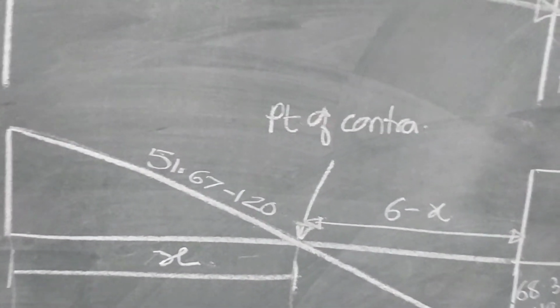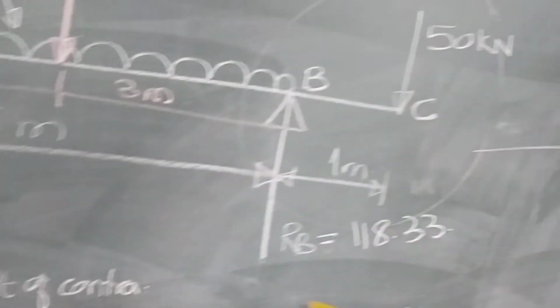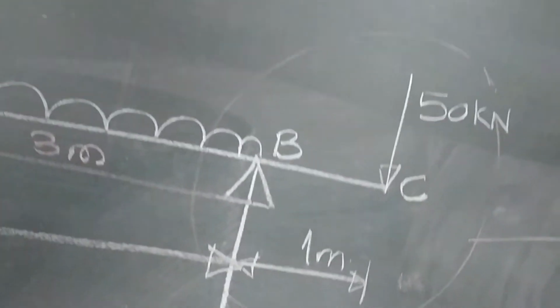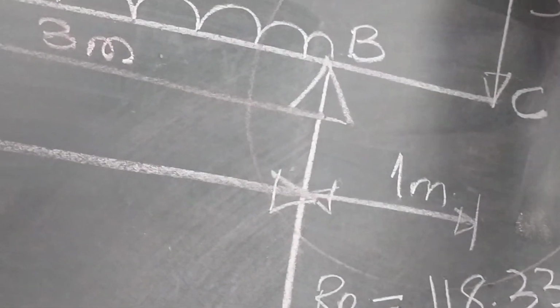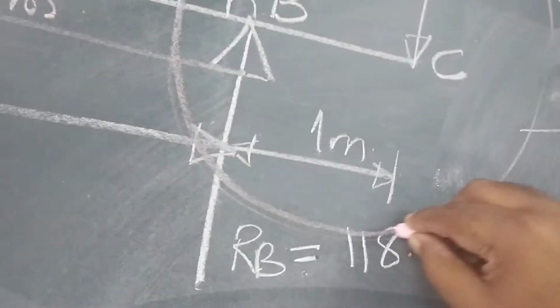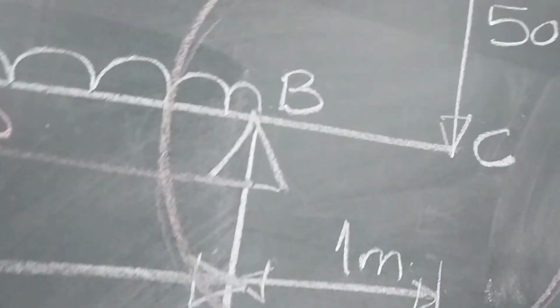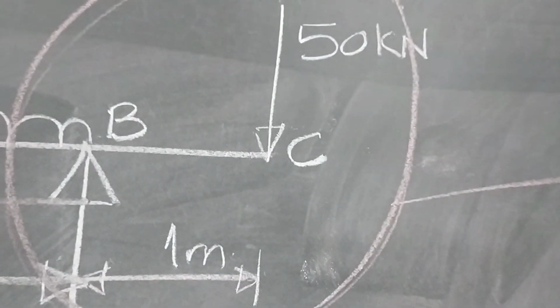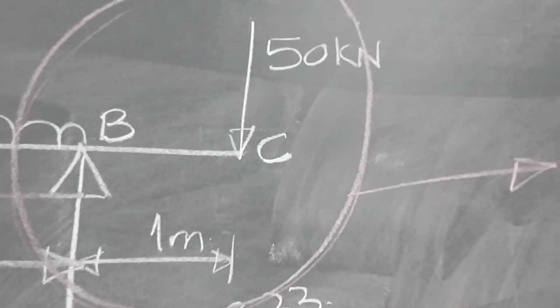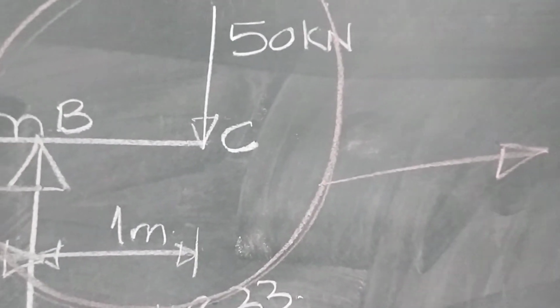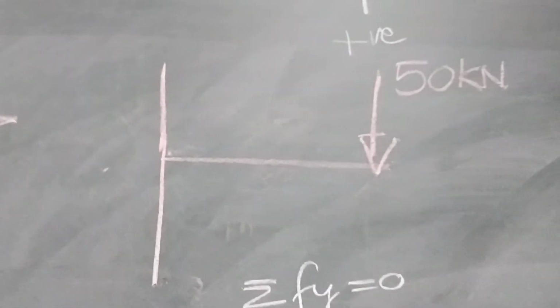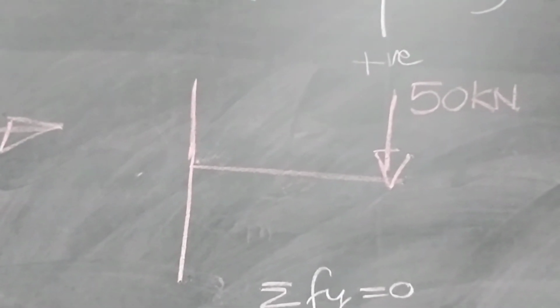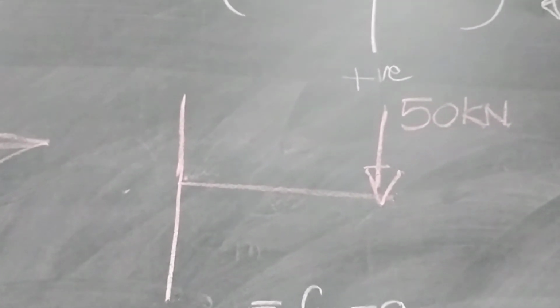Now consider this portion which I have shown in pink color. Can you guess what this portion is? This is nothing but a cantilever beam. Only concentrate on this. This is a cantilever which is subjected to a point load at the end.